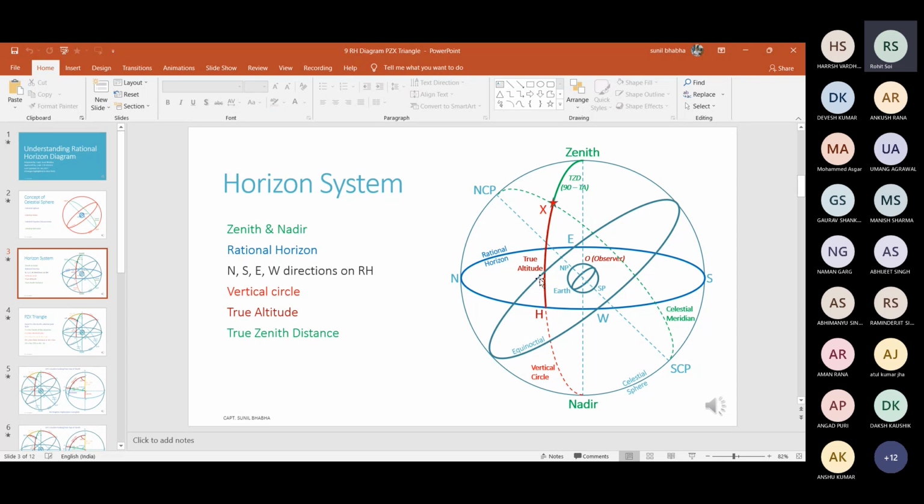We also found out the true zenith distance, TZD, of the celestial body, which is 90 minus true altitude. So this is what we discussed in the last session. Any doubts in your mind related to these, beta? No, sir. All clear? Very good.